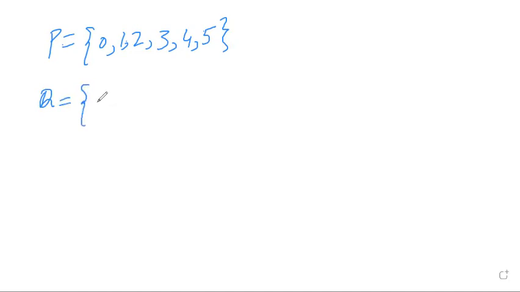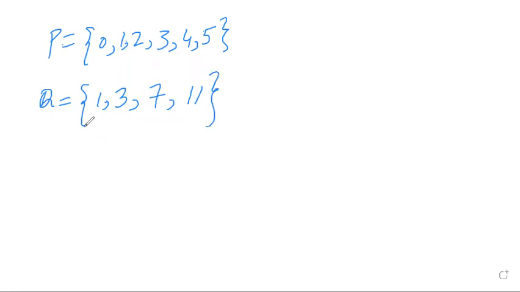Set P is 0, 1, 2, 3, 4, and 5. Let's write the other one as Q. So Q is 1, 3, 7, 11.